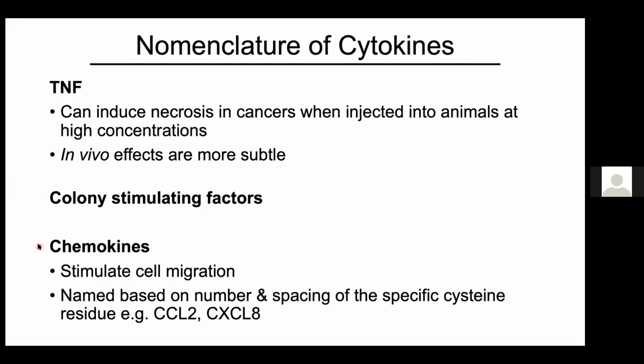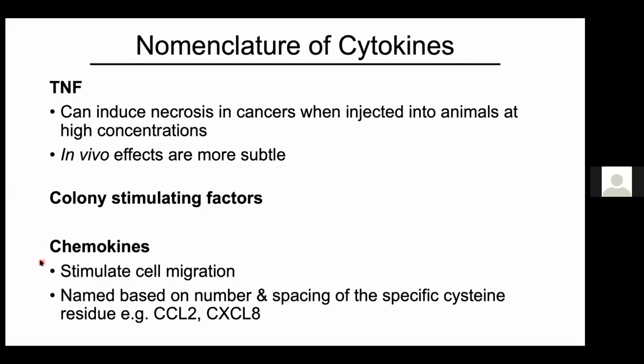And then we have the chemokines, which are the ones that stimulate cell migration, okay? So we call them the chemoattractant cytokines. When they're produced, they attract different types of cells to the site where they're being produced, okay? So these cells migrate against the gradient of these chemokines towards where the chemokines are.